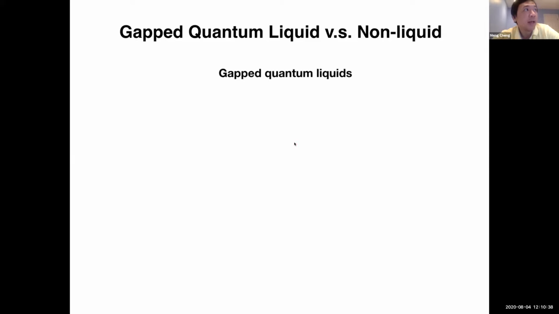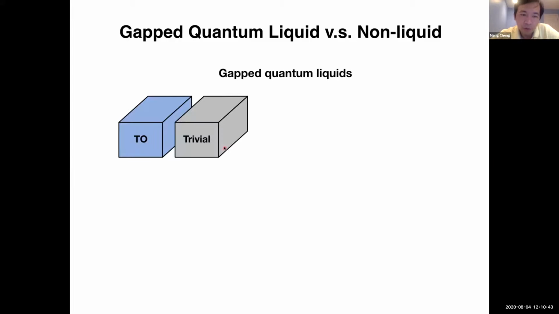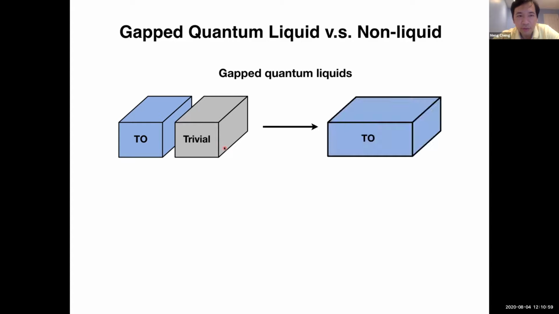Okay. And for a gapped quantum liquid, what it means is that, for a gapped system or a topological order system of a certain size, we can make it larger by just bringing in additional trivial states, putting these two things together, and then doing some local unitary transformation or just adiabatically evolving the composite system until the system becomes a topological order state on a larger size.